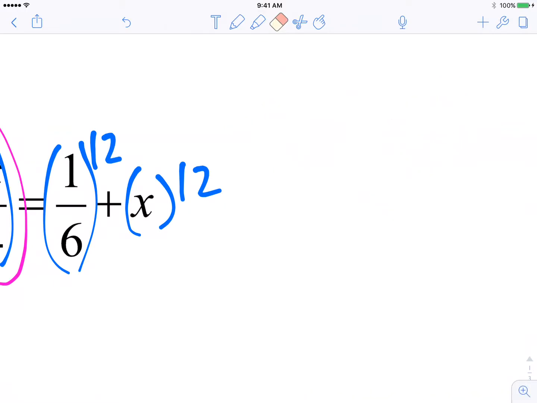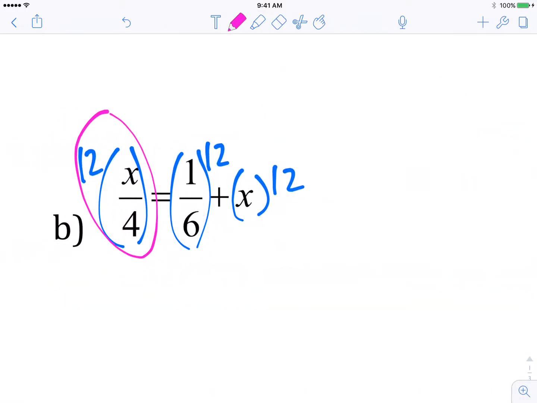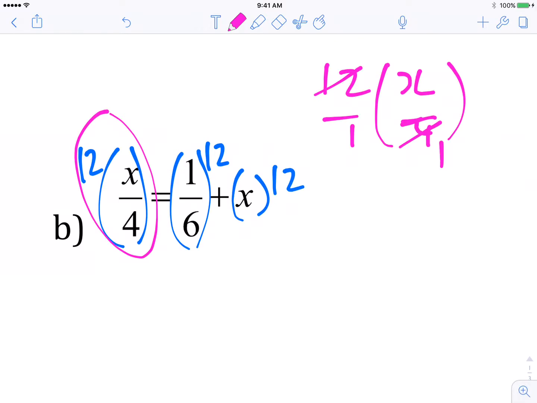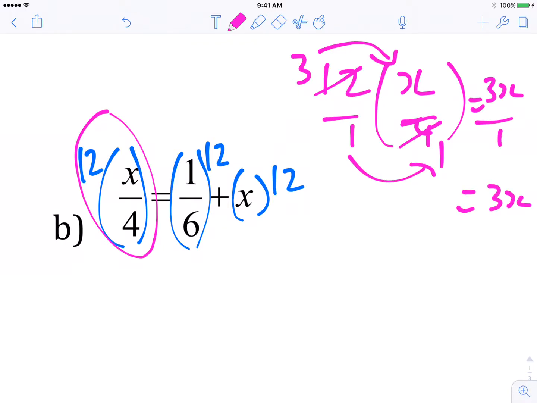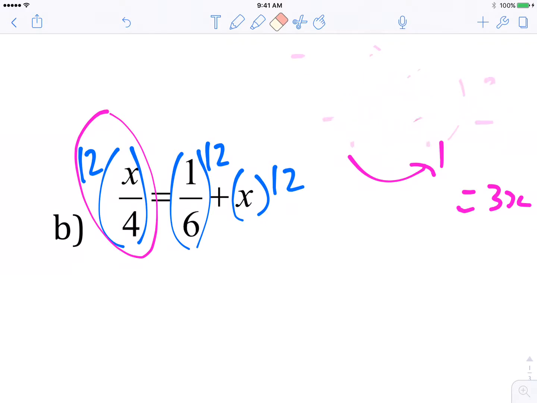However, to save ourselves that, if we have 12 over 1 times x over 4, we're just going to cross reduce. 4 divided by 4 is 1, and 12 divided by 4 is 3. And then 3 times x is 3x, and the denominator is 1 times 1, which is 1. So really it's just 3x. So there's two ways of looking at it.